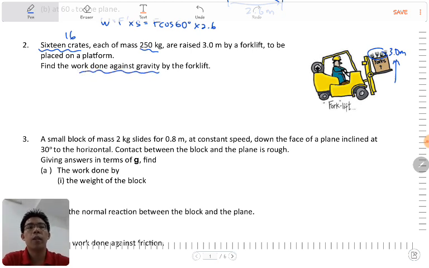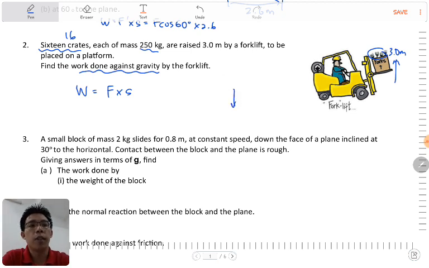So what is meant by this against the gravity? In the equation, work done equals F times S, right? So in this case, we're actually not told about the force that the forklift is trying to exert. So what we can do is deduce from what is said in the question, work done against gravity, because we know that gravity exerts a downward force.